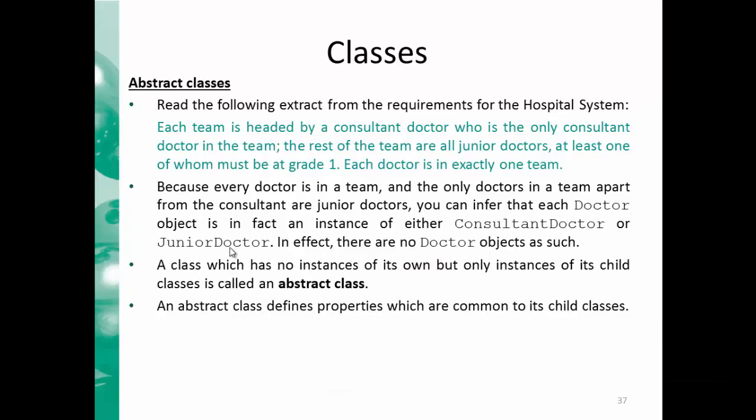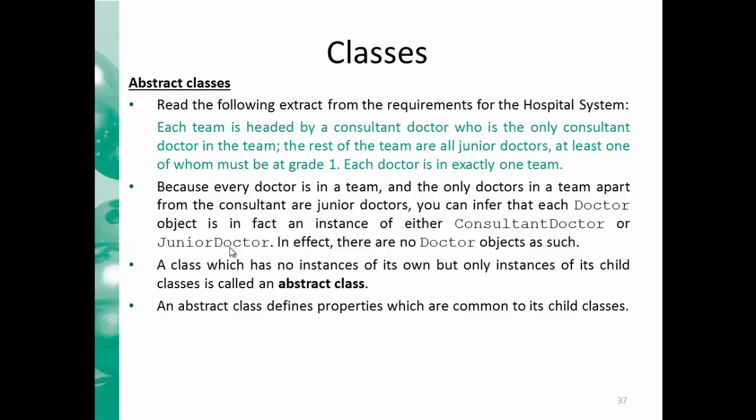Now it's also useful to revise with you the concept of abstract classes. As you may know, and you for sure covered in M257, any class that has no instance of its own but only instances of its child classes is called an abstract class.